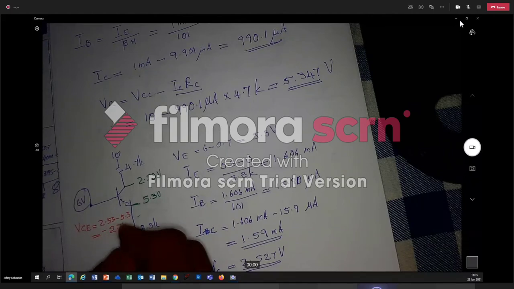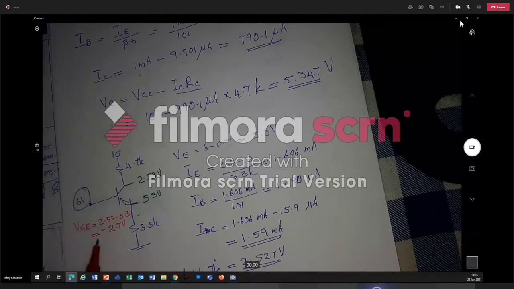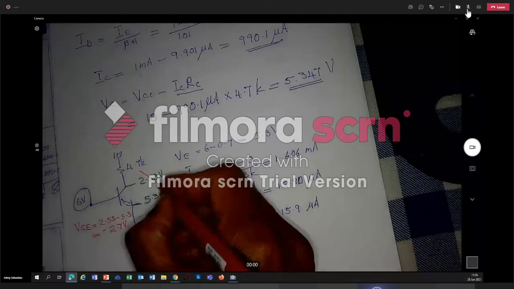Do you think it is possible for VCE to go negative? What is the condition we learned regarding VCE for an active operation? It must be greater than 0.3 volt, and now we are not getting that.